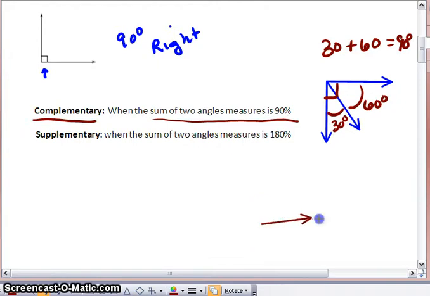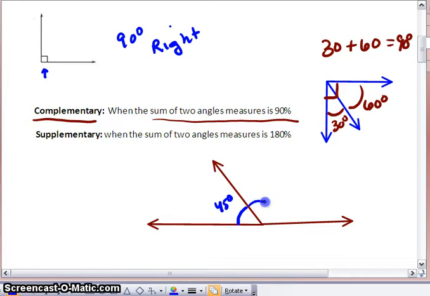All right, supplementary is different. Supplementary is when I have an angle here, and then we have another angle attached to that angle. It goes like this. Let's say this angle's 45 degrees, and this angle's 135 degrees.